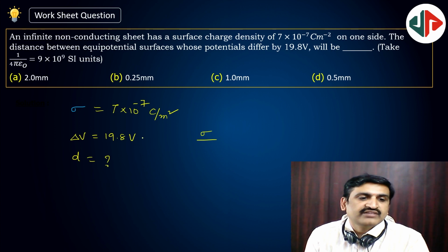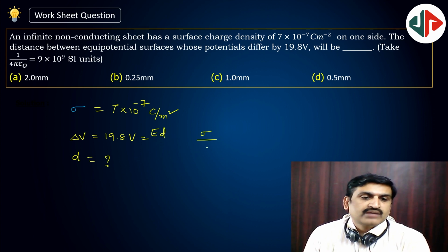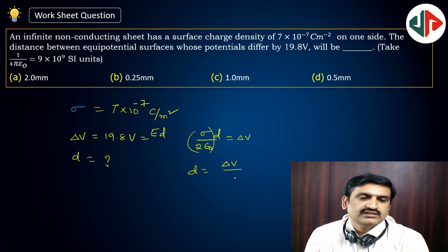So delta V equal to E into D, sigma by 2 epsilon naught into D, this E into D is equal to V. So he is asking D is equal to delta V by sigma into 2 epsilon naught.